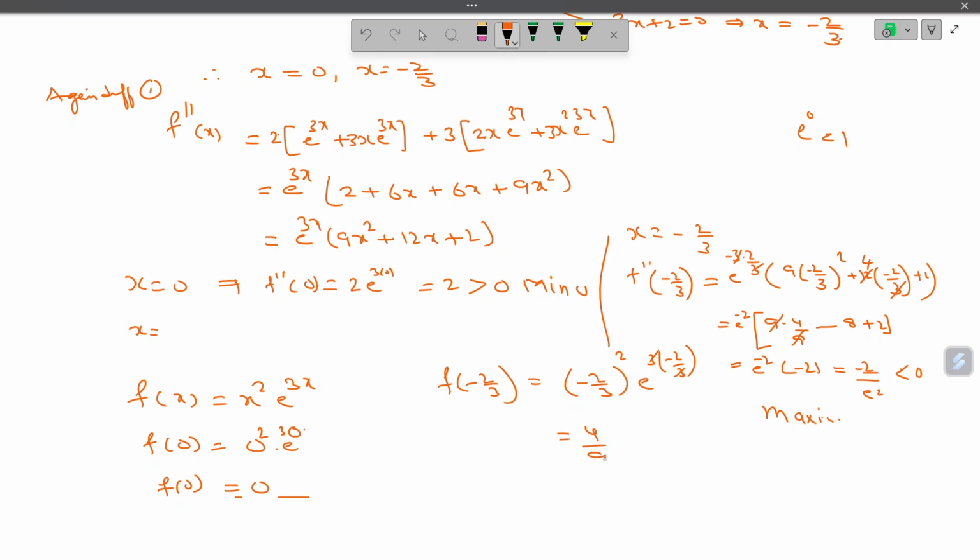This is 4 by 9 e square. So this is greater than 0. This is the maximum value, and this is the minimum value. Am I right?